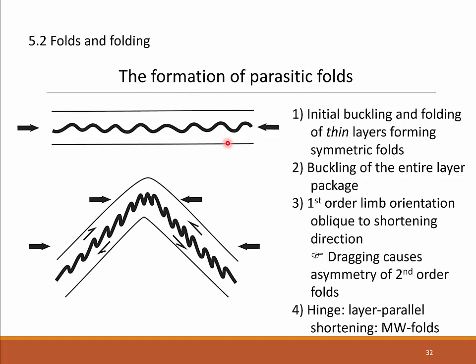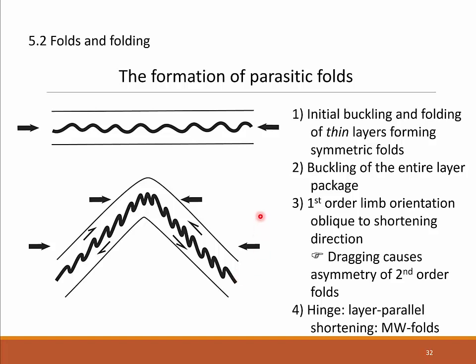In a further stage, this folding would affect the entire sequence, and we would find that originally horizontal layers become tilted, and they become tilted in opposite directions. We see here a larger scale limb dipping to the left hand side, the opposite limb dipping to the right hand side.